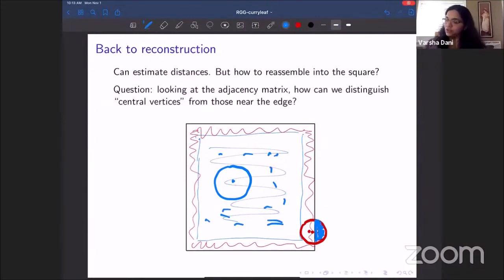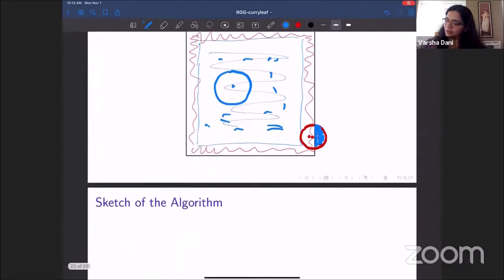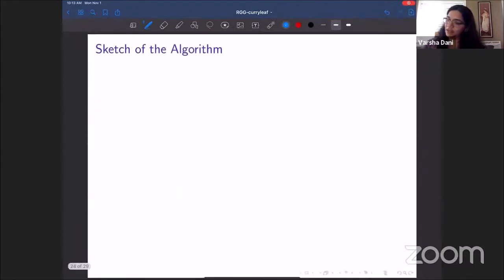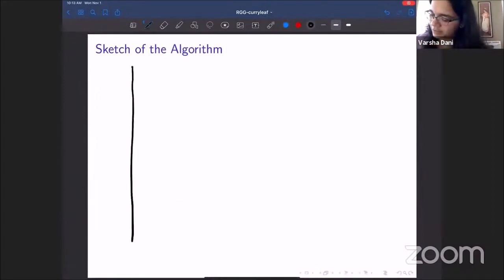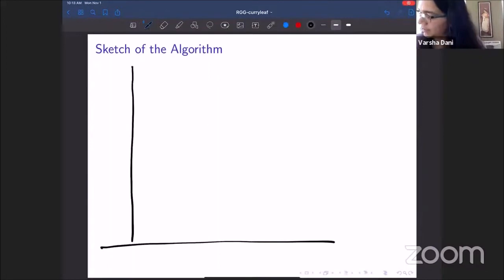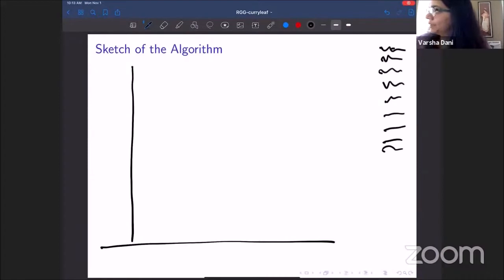Okay, so here is how we're going to go about reconstructing. I'm going to start out with my axes, and I have a whole bunch of information gathered from the adjacency matrix about all the pairwise distances between the points.